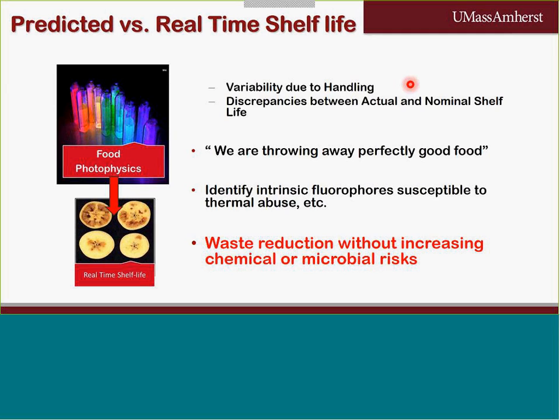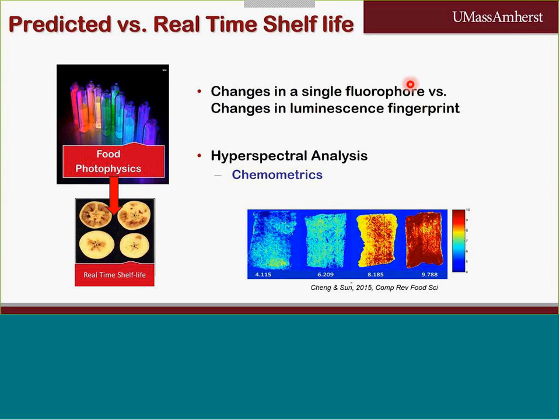But this will imply following changes in essence fingerprints instead of changes of a single fluorophore. It's a little bit more complex, but it has been effectively done using hyperspectral analysis, either based on fluorescent measurements or absorbance and reflectance measurements.